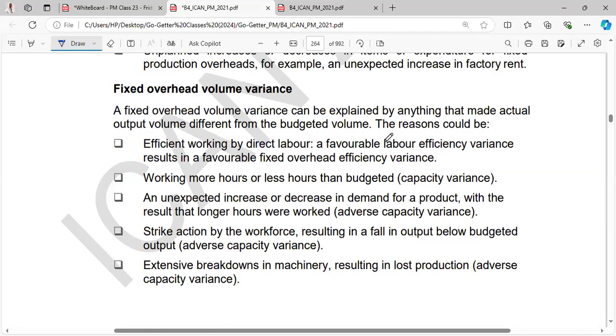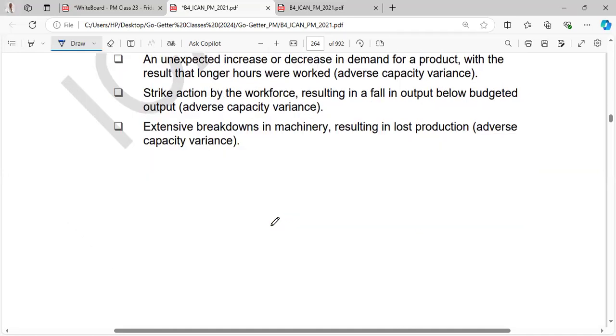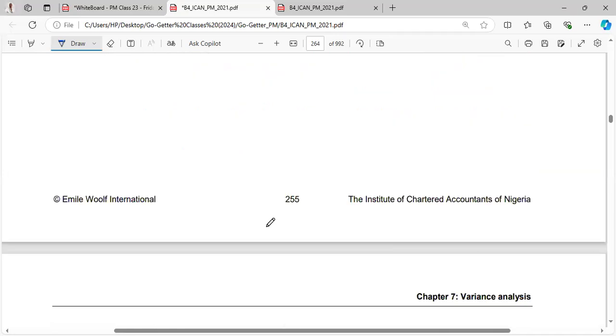So when you have favorable labor efficiency, you will have favorable variable overhead efficiency, and also fixed overhead efficiency. Other causes include working more or fewer hours than budgeted, unexpected increase or decrease in demand for the product, strike action, and extensive breakdown in machines. So all these are possible causes of variances.